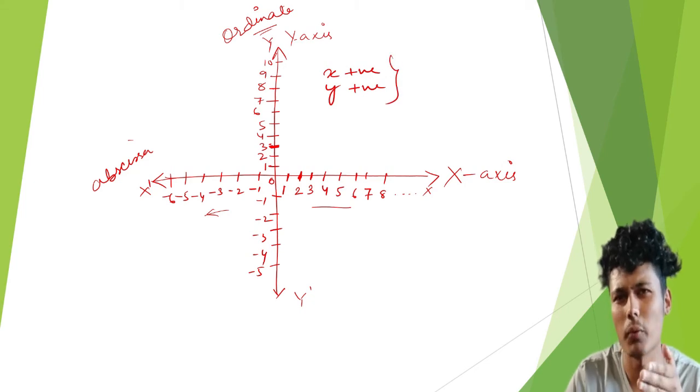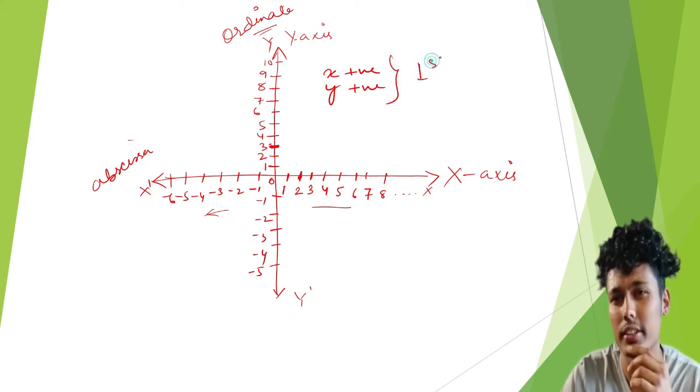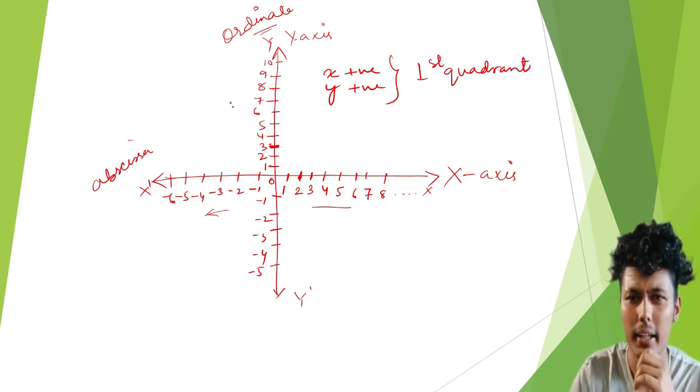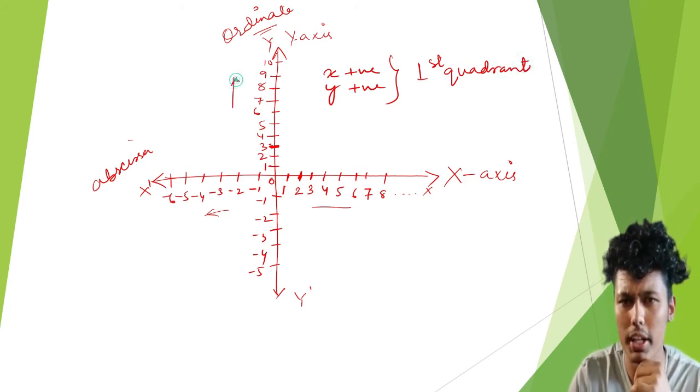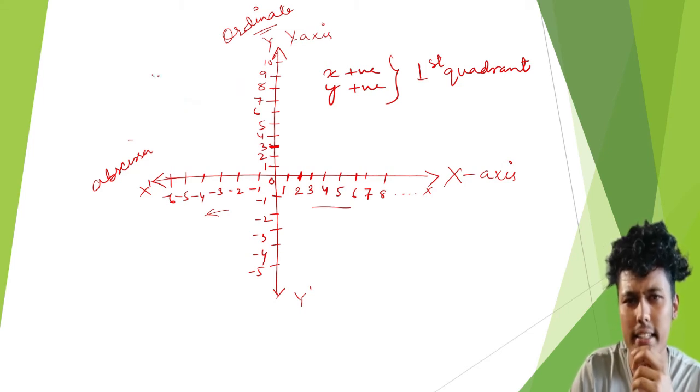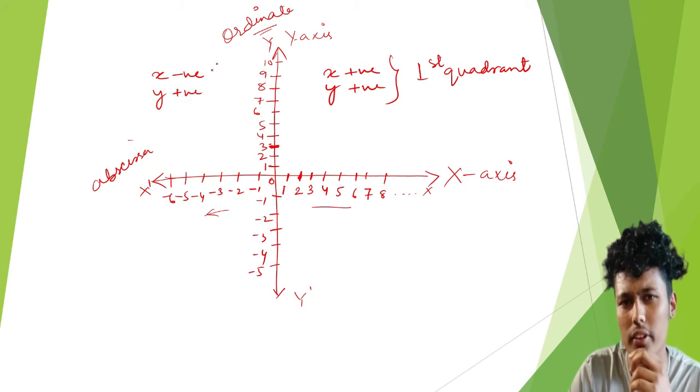X and y both are positive, and this is called the first quadrant. Here y is positive, but x is negative. So x is negative and y is positive, and this is the second quadrant.